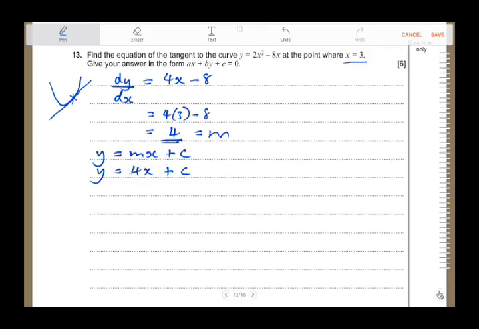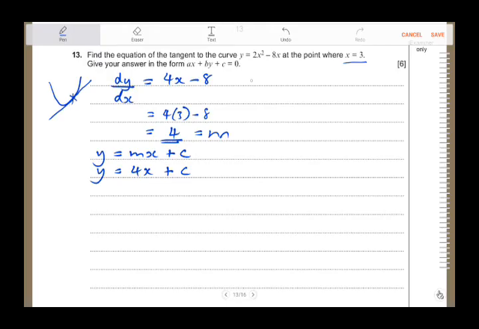Well, we know that x equal to 3 is on that straight line, and if I substitute x equal to 3 into my equation of the curve, the y coordinate I get out will correspond with the x coordinate, and that point, that x and y, will be a point that lies on my tangent, because that point is common to the tangent and the curve. It's on the tangent and it's on the curve.